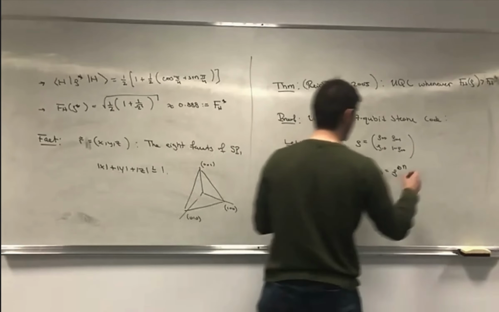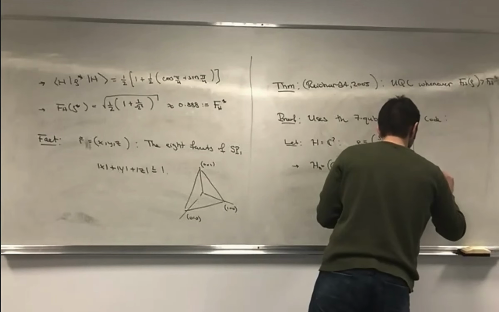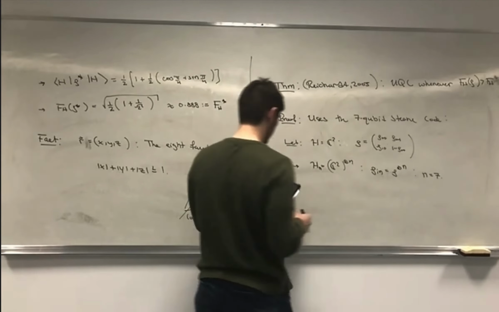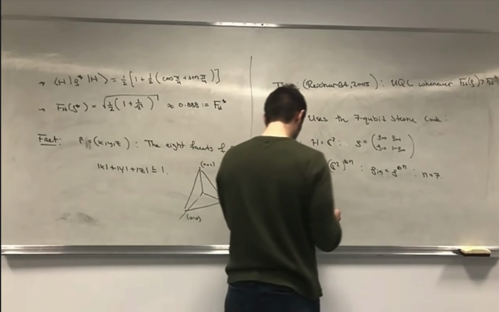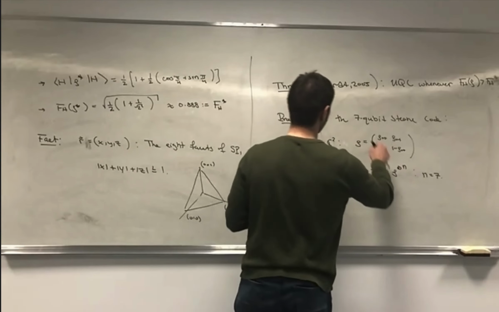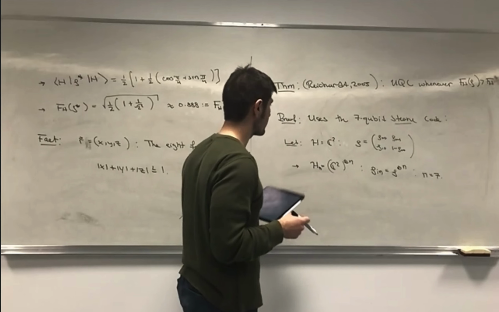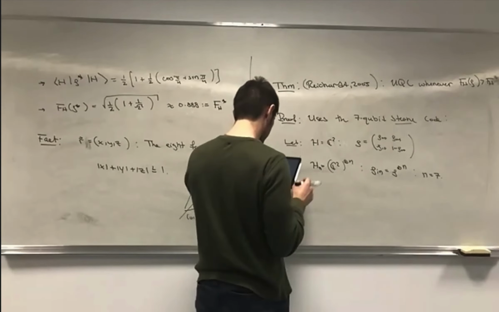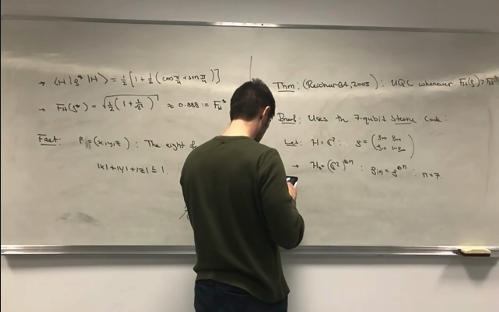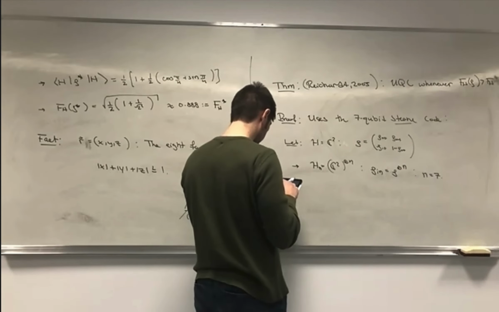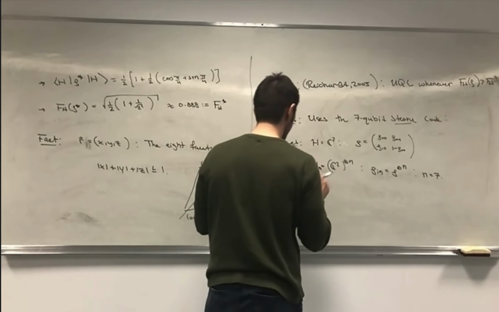For this one, we will use n equals 7 for the Steane code. Before I go into the precise details of this piece, let's go through this twirling operation.